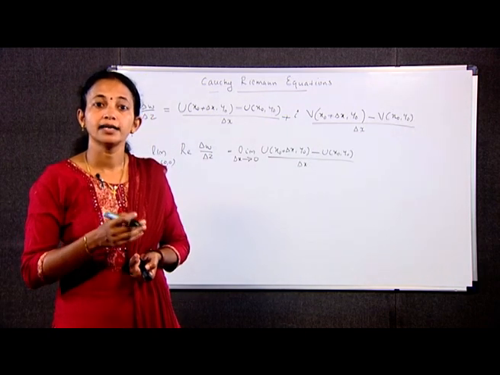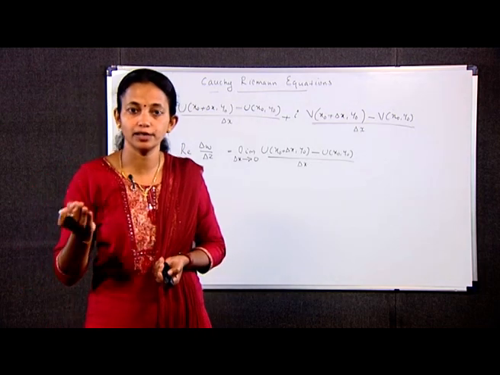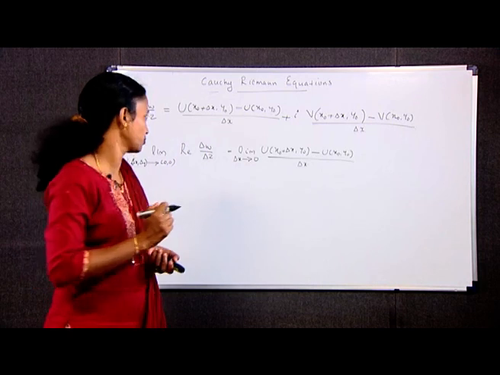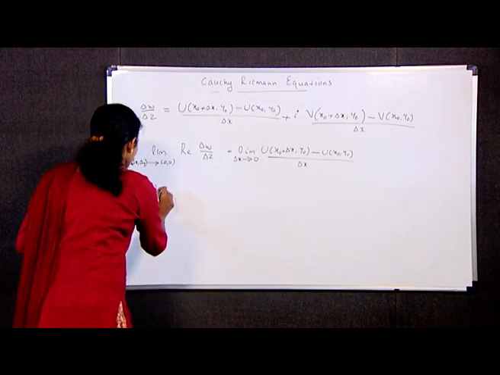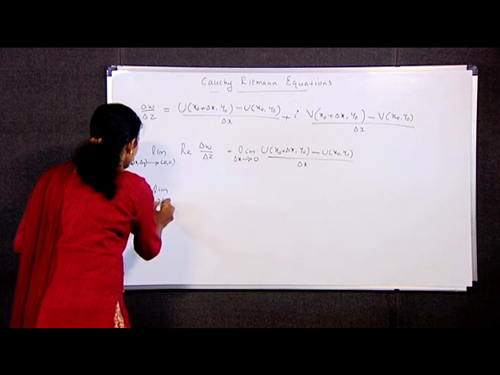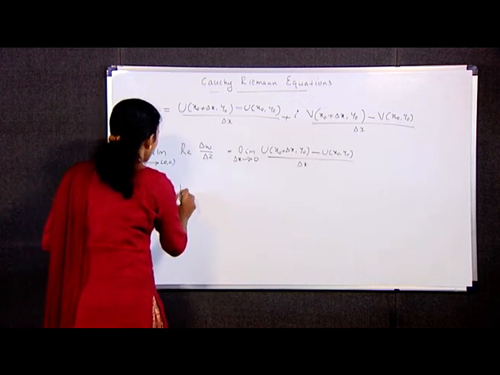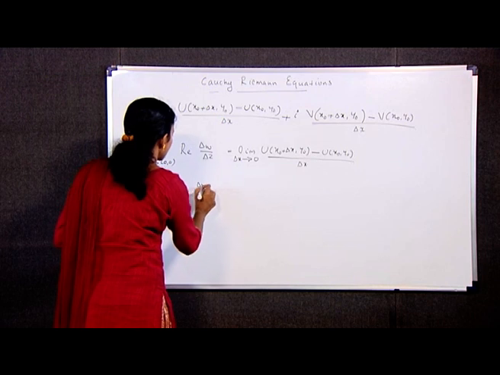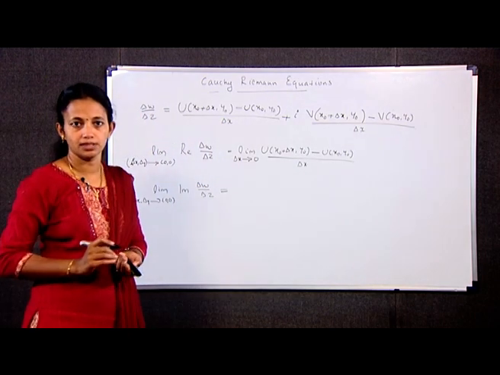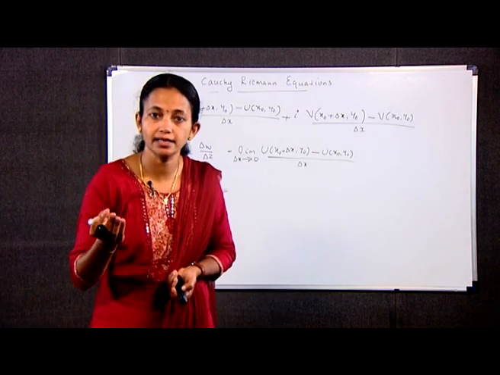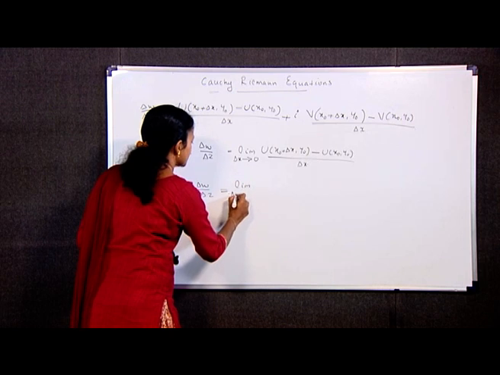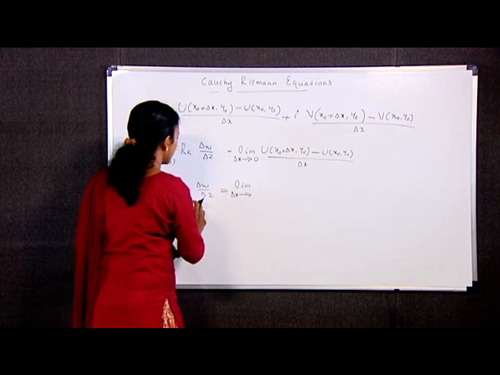And again, the limit as delta x, delta y tend to 0, 0 of the imaginary part of delta w by delta z becomes the limit as delta x tends to 0 of the imaginary part.